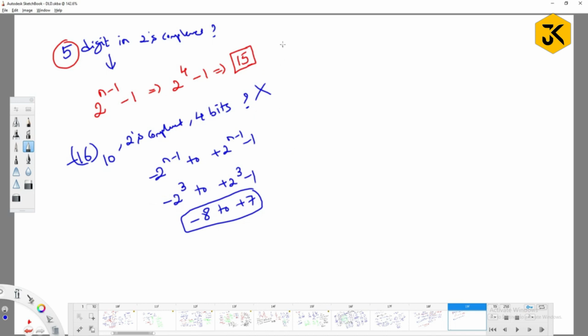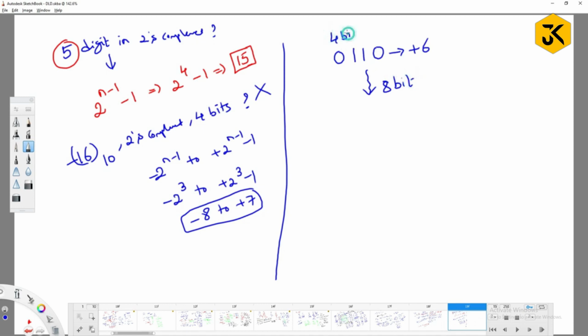Okay, fine. With the help of this concept, I can extend it. For example, if I have a number like 0110, assuming that this is a normal positive number, plus 6, can I extend it to something like an 8-bit system?